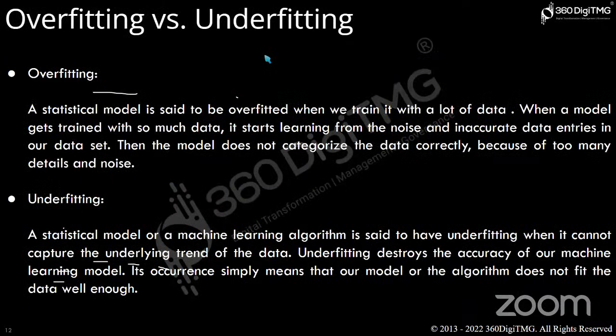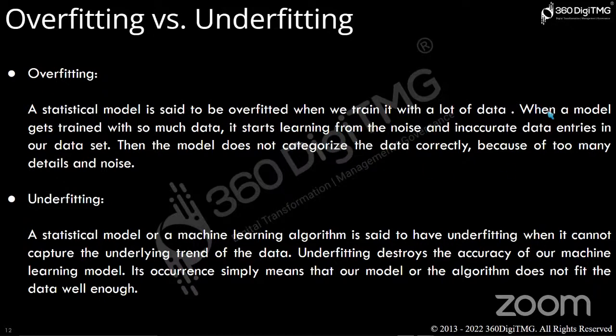Now let us talk a little bit about these problems: underfitting, overfitting. Overfitting is a problem. A statistical model is said to be overfitted when we train it with lots of data.